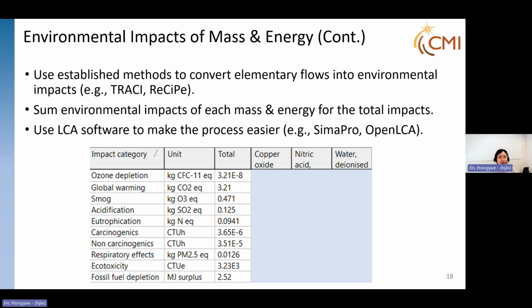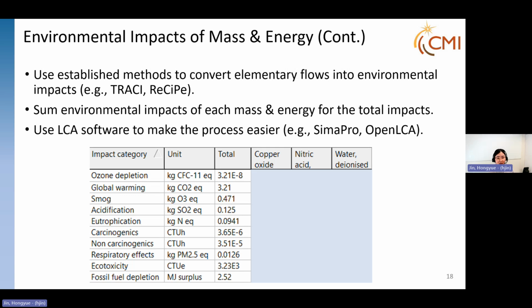And then we use LCA software to make the process easier. So it will be more of selecting the process in the software and clicking. Some representative software are SimaPro, OpenLCA, GaBi, Umberto, etc.